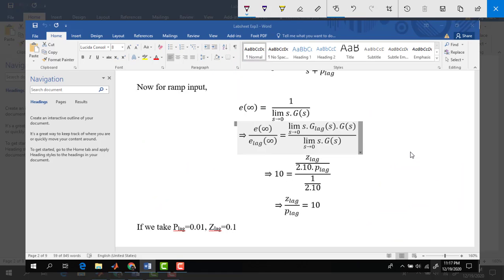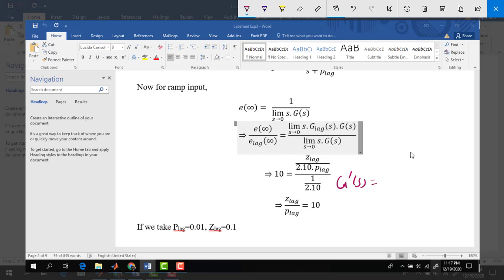Now we know that the compensated system is G dash s, which is equal to the multiplication of the compensator and the original system.